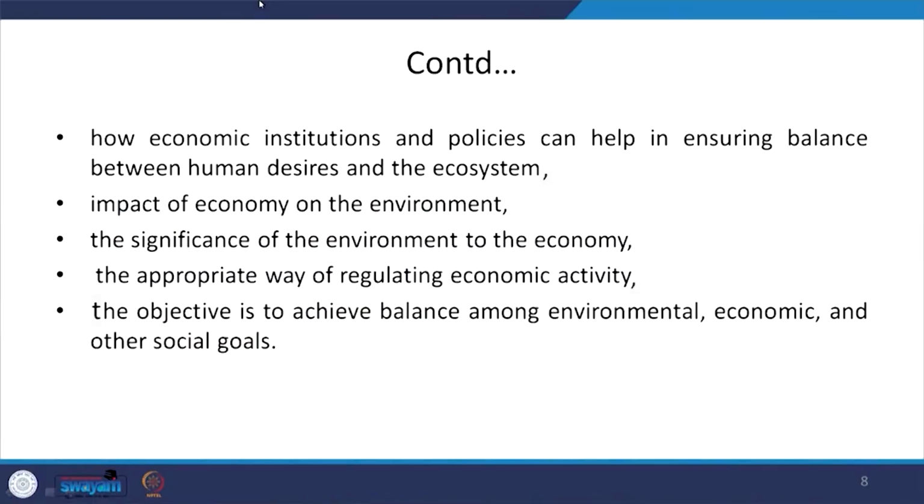We also study in environmental economics the impact of the economy on the environment. When economic growth increases, when employment growth increases, when the overall economy is increasing, how does this increase have some impact on the environment?